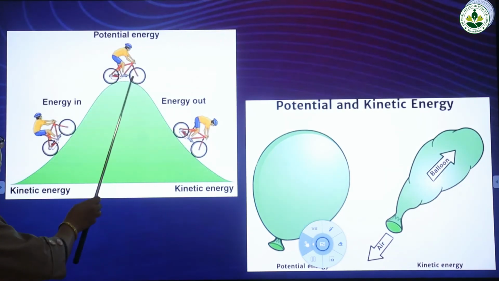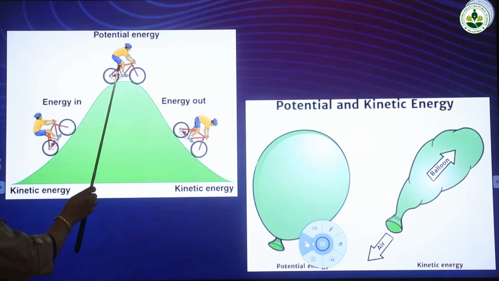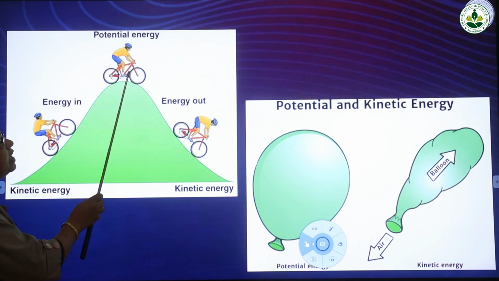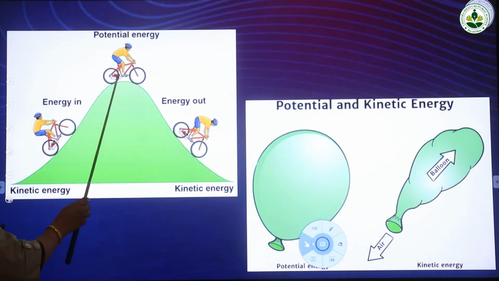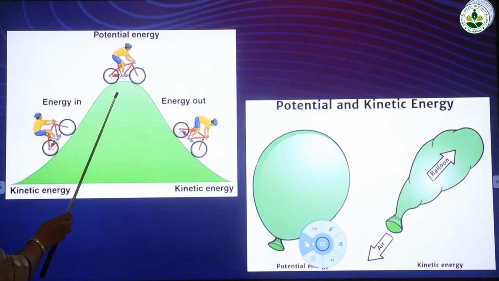One boy is keeping the cycle on the top of a hill. At that time the cycle is at rest and the cycle possesses an energy called potential energy. The energy possessed by a body due to its position is called potential energy.